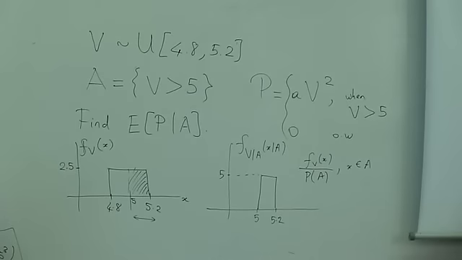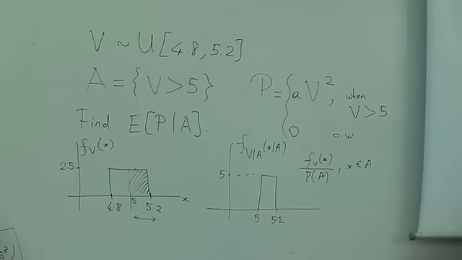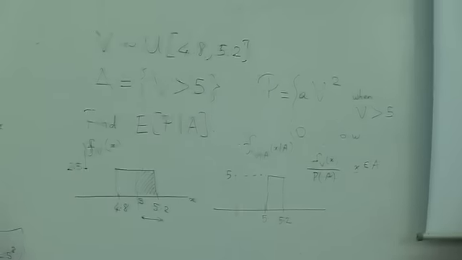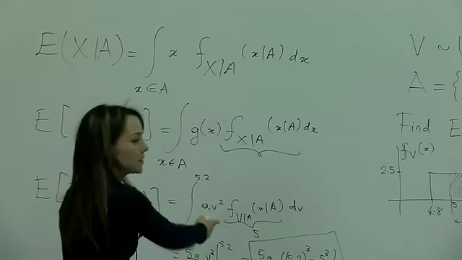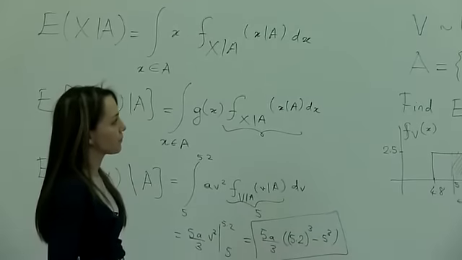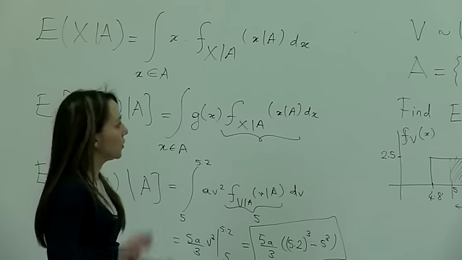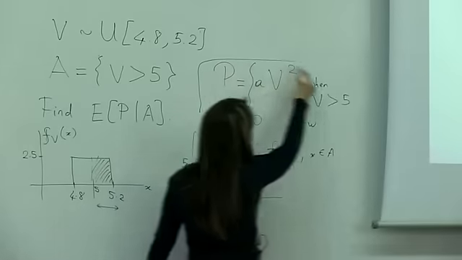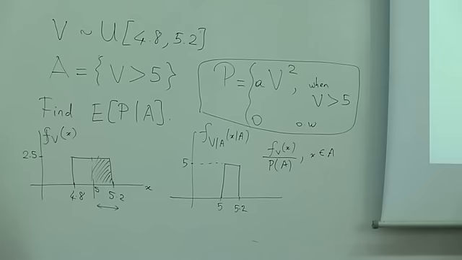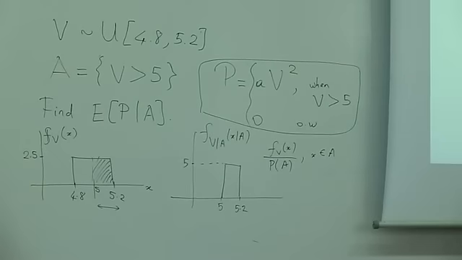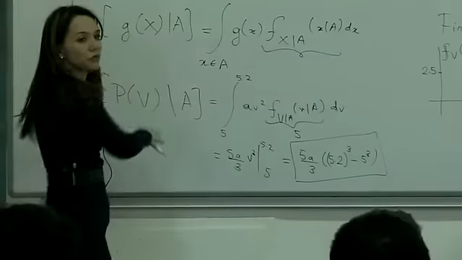Even in that case, the computation here would not change very much. What we would have is a constant subtracted from this. So let me repeat. Given this relationship between P and V, this is the expectation of P.